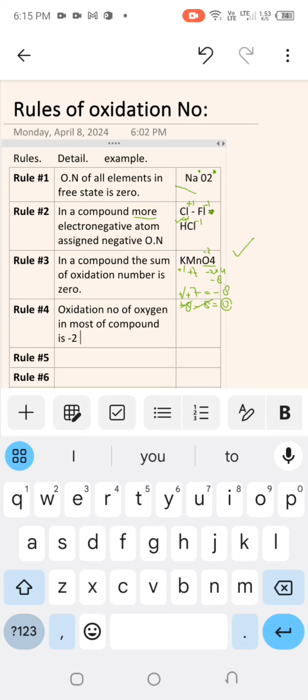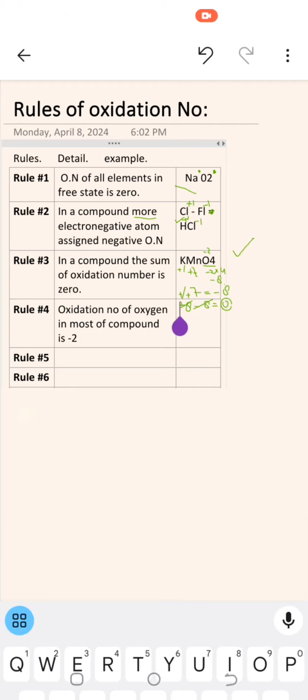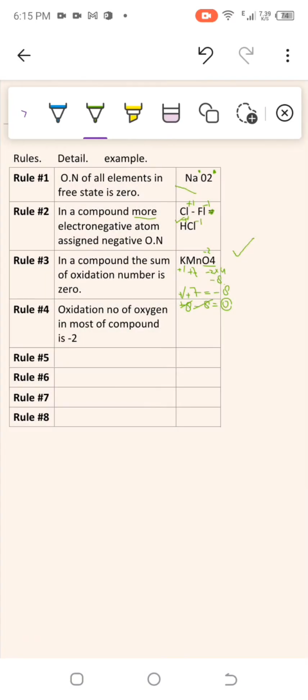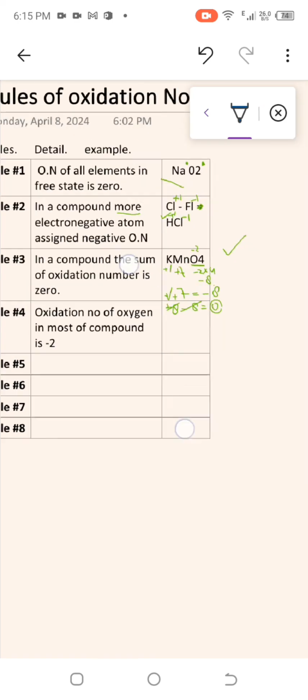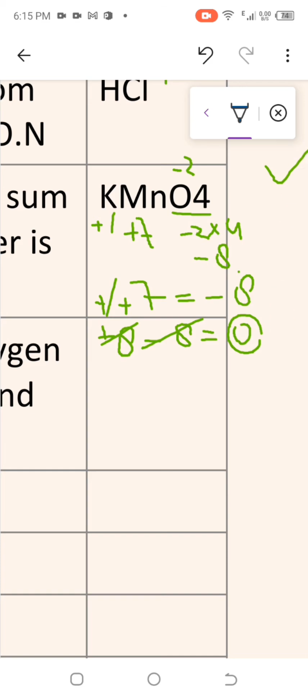Okay. So now if you take the example, it will be like this. For example, we have SO4. If I take the oxidation number of oxygen as -2, then -2 multiplied by 4 is -8.